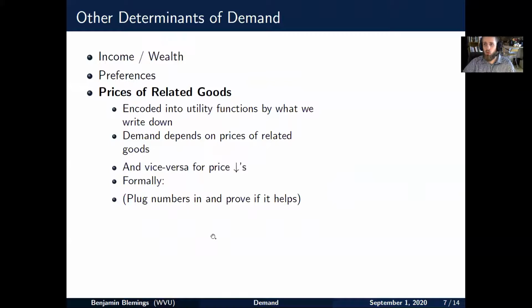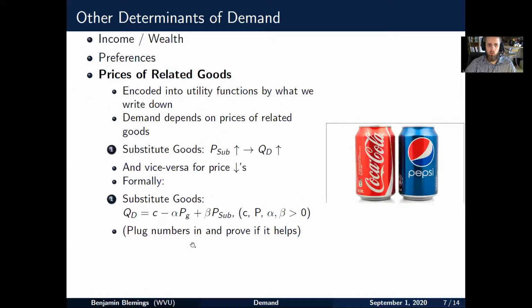So another important thing would be pricing of related goods, and this is encoded into utility functions by what we wrote down. It just means that demand depends on the prices of related goods, not just the own good's price. So you can see that for substitute goods, an example would be Coke and Pepsi. And you know that if the price of Coca-Cola goes up, then the quantity demanded of Pepsi will also go up because they're substitutes, they're very similar.